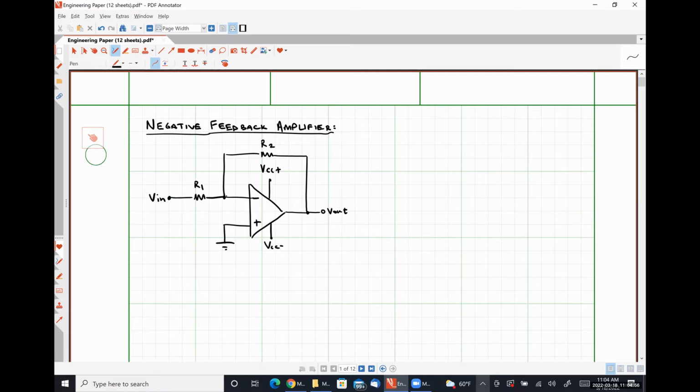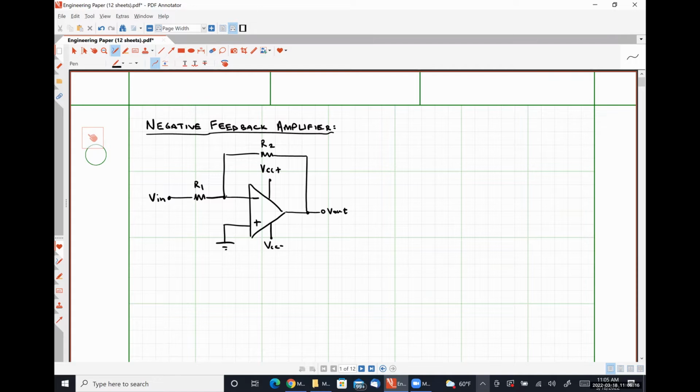So this is a negative feedback circuit because our feedback loop is formed from the output node to the inverting input node.